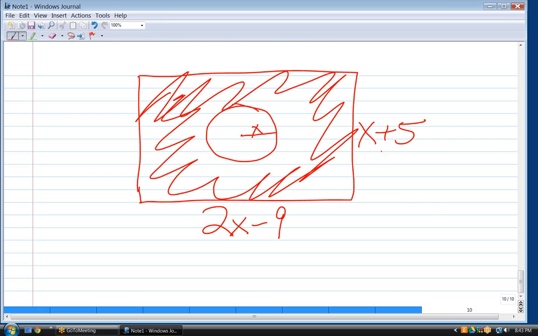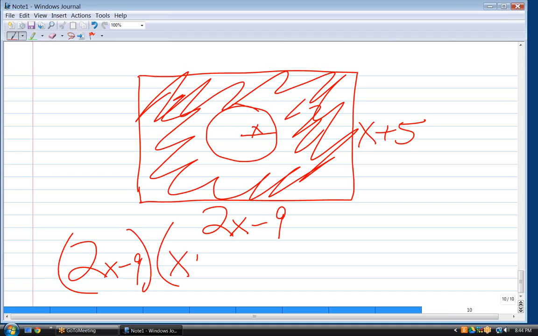Okay. Well, shaded region problems are always subtraction problems. So to find this shaded region, I would take the area of the rectangle and subtract the area of the circle. The area of the rectangle is 2x minus 9 times x plus 5, and subtracting the area of the circle.